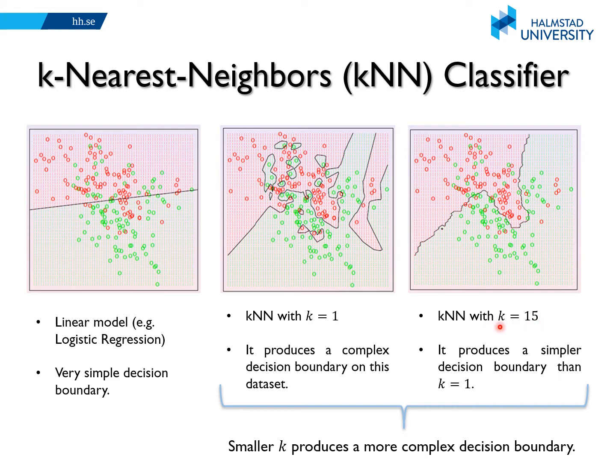And if you increase k further, for example, you go to the extreme case where k is equal to n. So n is the size of your training data set, the number of training data points. In this case, you will get a very, very simple model where the predicted class will be just the majority class in the whole data set.